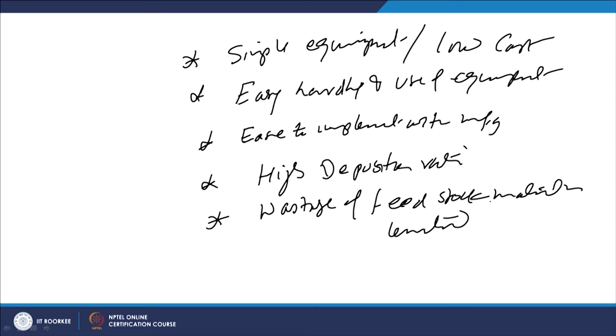There are a few processes where particle velocity is very high, so after the impingement, particles tend to scatter here and there, and that increases the wastage of the material. Here the wastage of the feedstock associated with the flame spray process is very limited. So these are some of the good sides of the flame spray process.